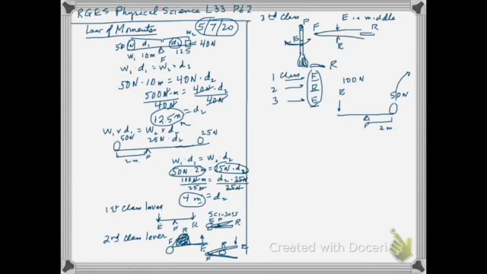Well, we call that the effort arm. That's what this left side is called, the effort arm. And the right side is called the resistance arm. And it's done similarly to what we saw before.